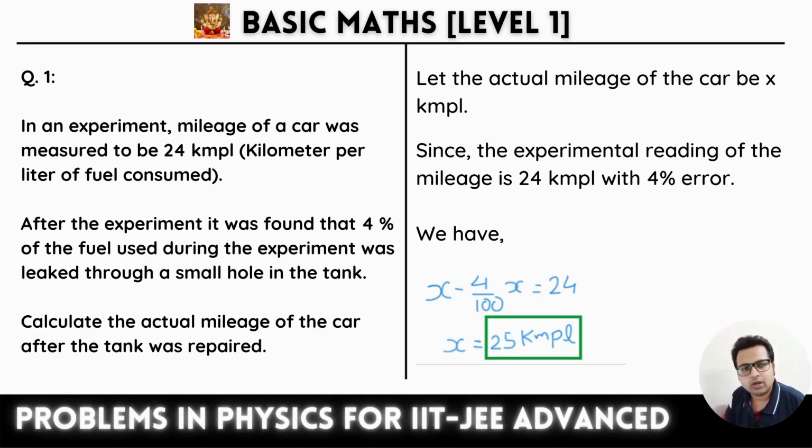So actual mileage minus 4% leakage is equal to the experimental reading. With a very basic calculation you can calculate x, that is 25 kmpl. I hope you got the exact concept of this problem, a very easy problem, but still many of you might have struggled. As you can see, physics is all about deep observation and understanding of the question.